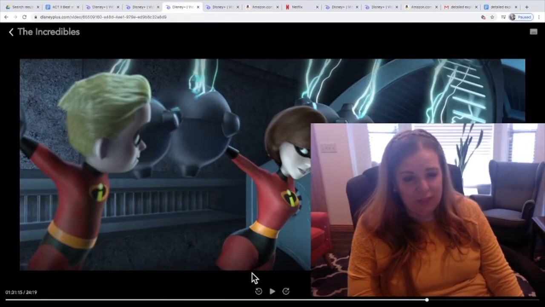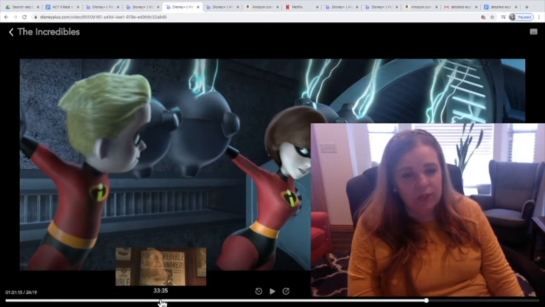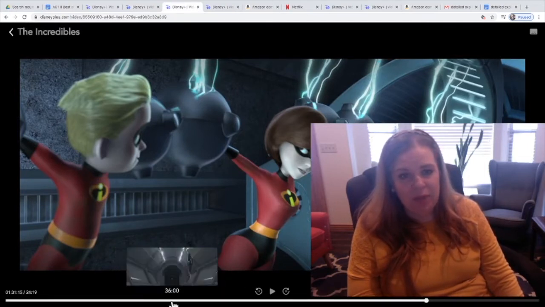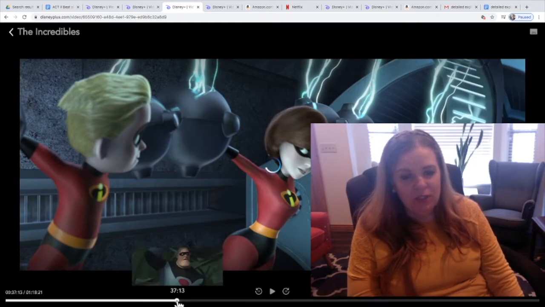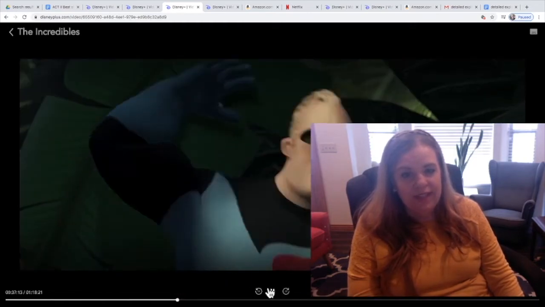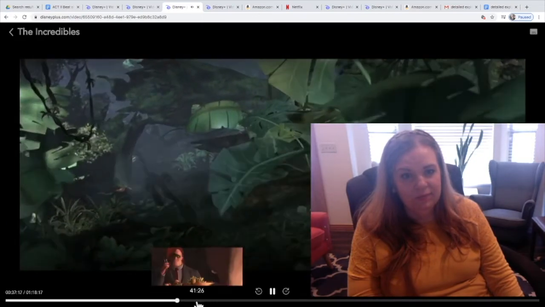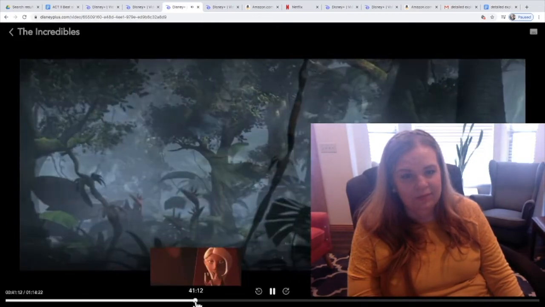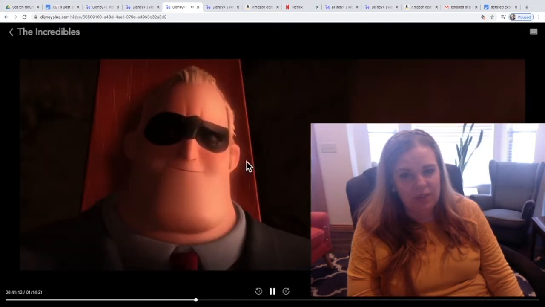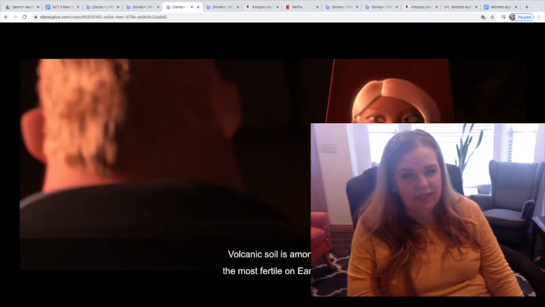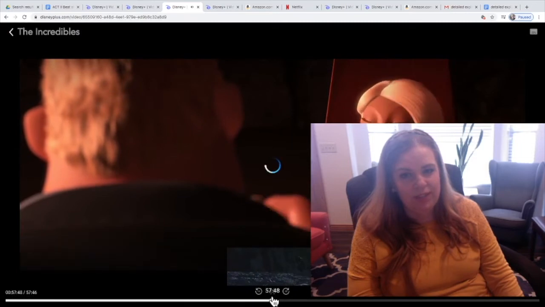In The Incredibles, I'm going to see a whole bunch of superhero type scenes. He's going to be fighting monsters and wearing super suits. That's exactly what I'm getting right here. This is just classic superhero. Yeah, this is like Bruce Wayne type of stuff.